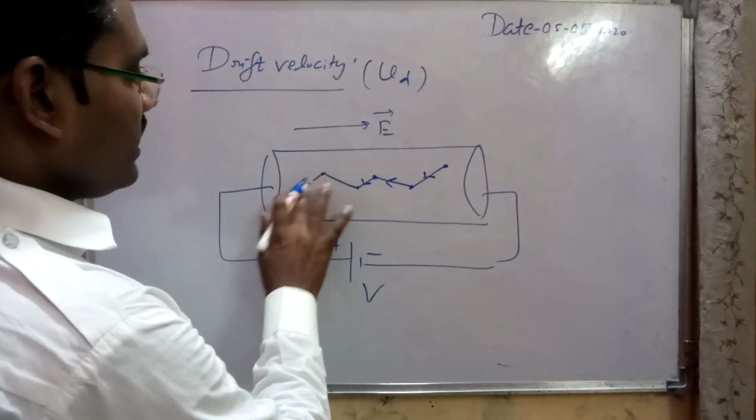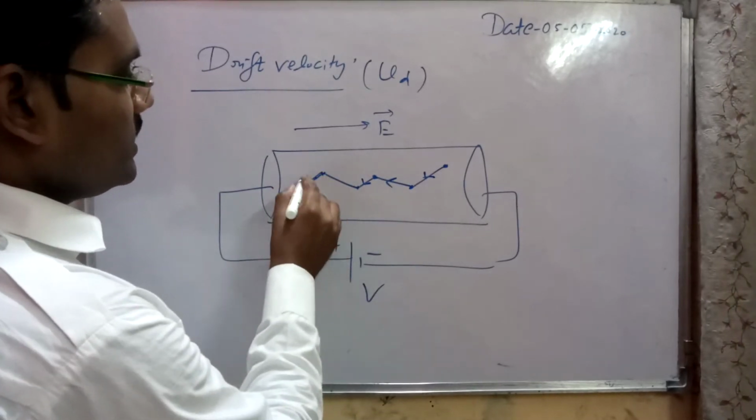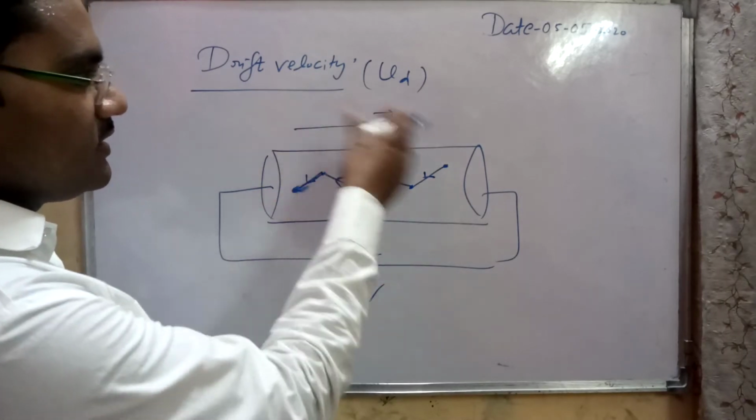The average of these final velocities is called drift velocity.